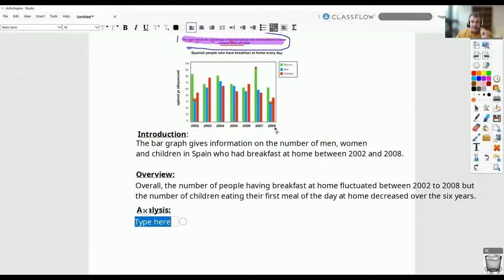So you could talk about the years, and then talk about the men and women within that year and compare them. I think the simplest way for me, because we only have three main groups, is to talk about them separately. So let's start with the first one, which is women anyway.